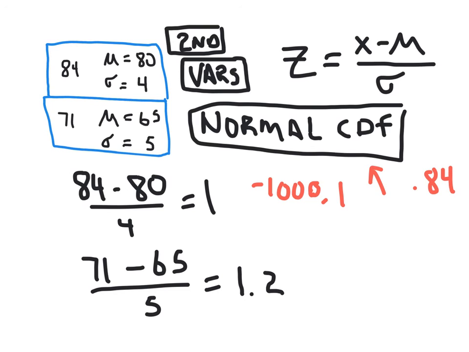And then, of course, this other one, same thing. You put in negative 1,000, comma 1.2, and we'll see what that says. Okay, so I'm kind of jumping ahead into Section 2.2, but anyway, that's how we use this stuff. So basically, this person who got the, oh, that's kind of weird. I didn't do that on purpose, but the 84 actually got him the 84th percentile. That's not usually the case. Anyway, and the 71 actually got the 88th percentile. Okay, so there we go.